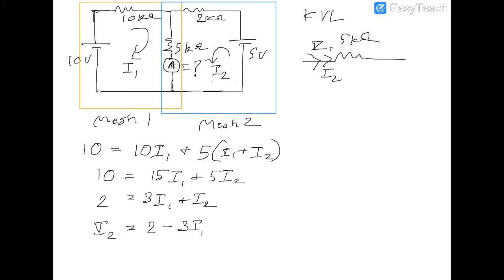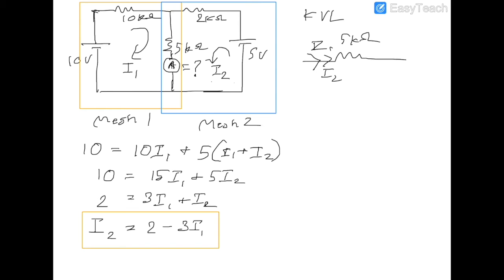I'm going to use the color that I used for mesh 1. Alright, so I2 is 2 volts minus 3 times I1. Alright, so let's go ahead and write the equation for mesh 2.